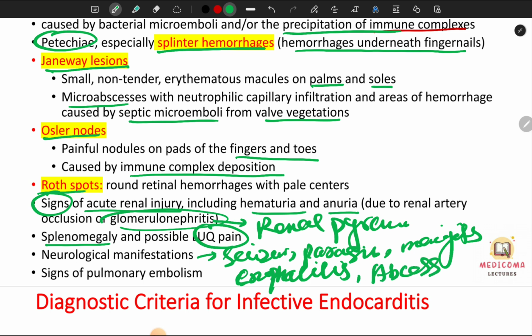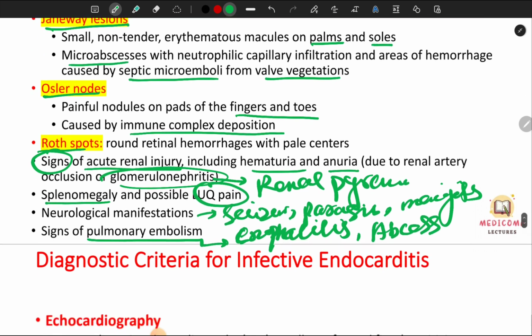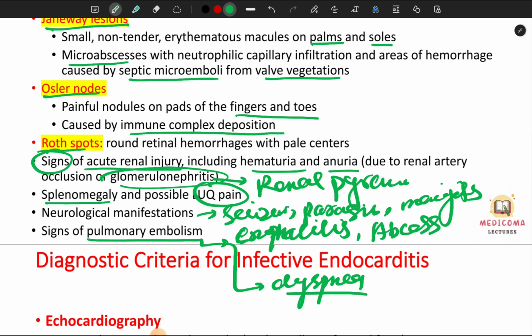And also there are signs of pulmonary embolism. What are the signs of pulmonary embolism? Maybe there is dyspnea, which is difficulty in breathing. How can it be caused? Maybe due to septic emboli resulting from tricuspid valve involvement. Most commonly, pulmonary embolism is due to tricuspid valve involvement, which is related to the pulmonary circulation.